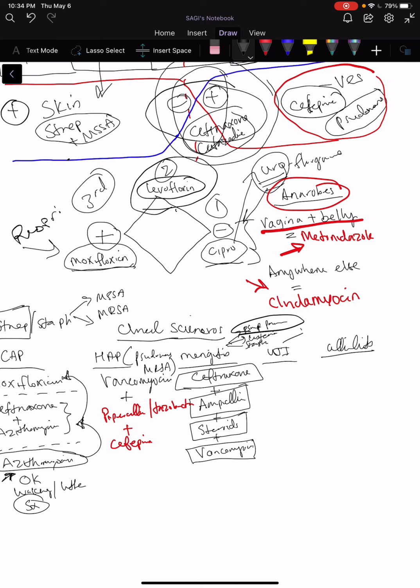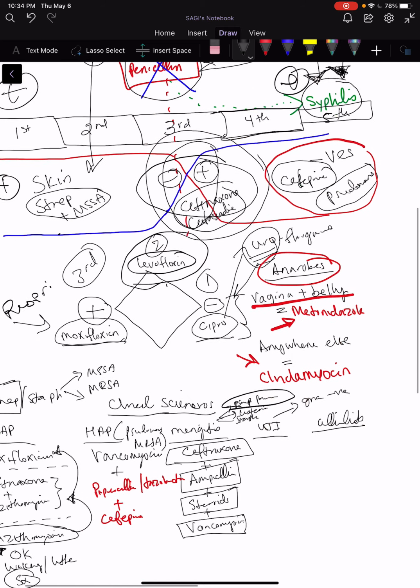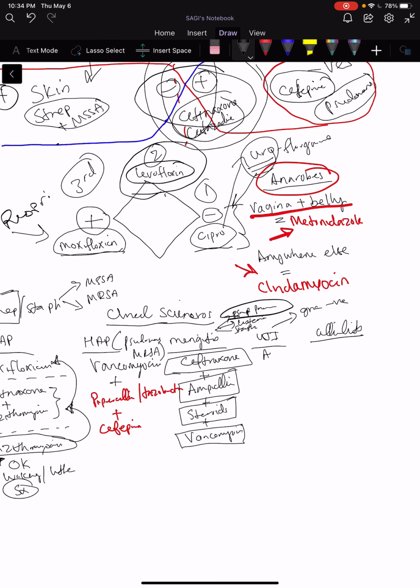UTI, we're basically here talking about gram-negative infections, things like E. coli. And so we already talked about the gram-negatives. For the simple gram-negatives, we go to amoxicillin or ampicillin. We'll try amoxicillin, generally better for UTIs. You can also use Bactrim, or trimethoprim-sulfamethoxazole.